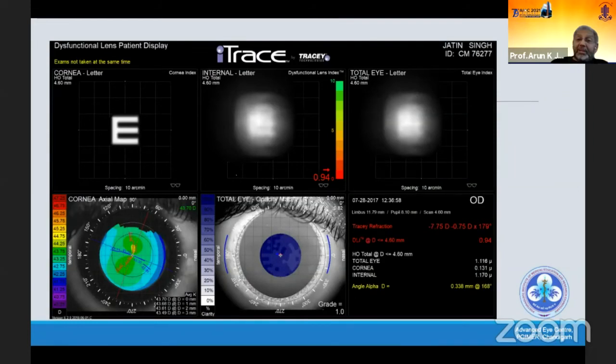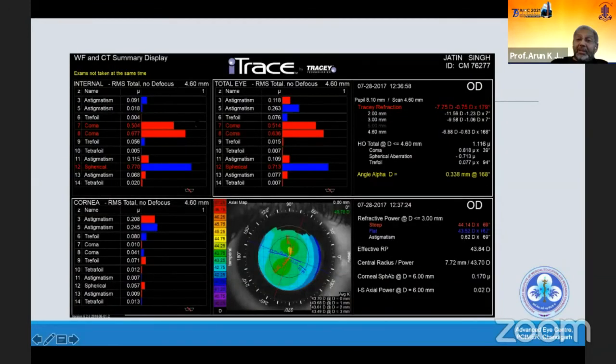This is a very interesting patient. You can see the cornea is good. There's a very minimal opacity, but the internal aberrations are very high, and the reflection, as you see, is not dependable because of the higher order aberration, and the total eye simulation of the chart is very disturbed, and you can see very high coma as well as spherical aberration in the eye, which are mainly internal.